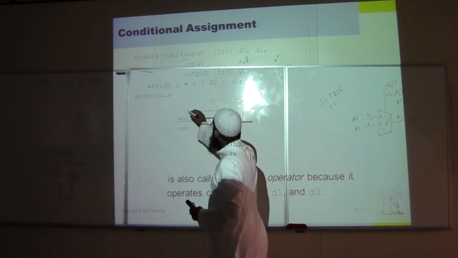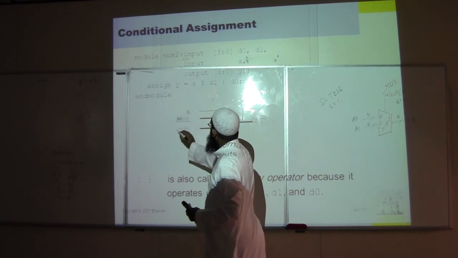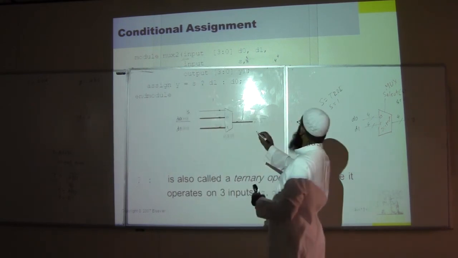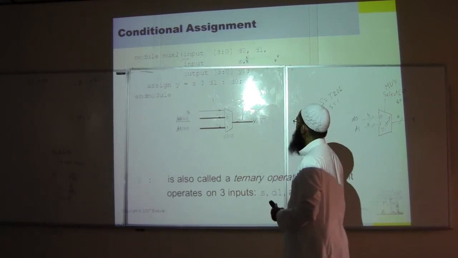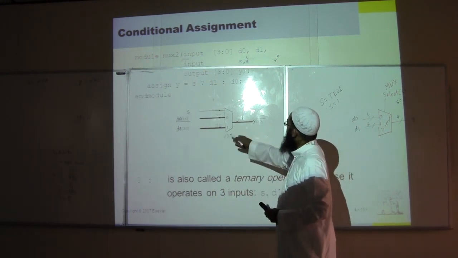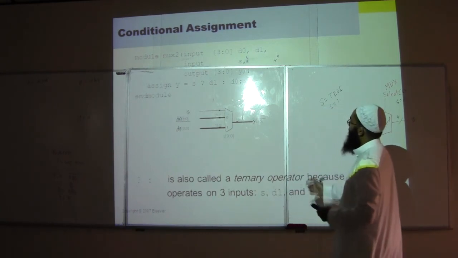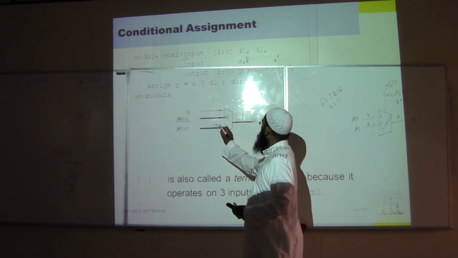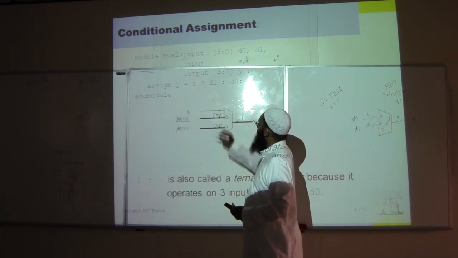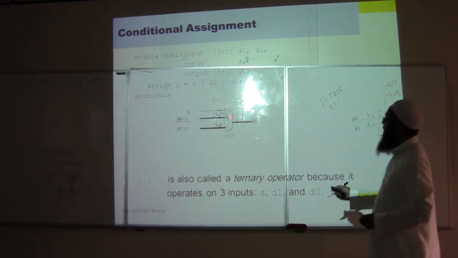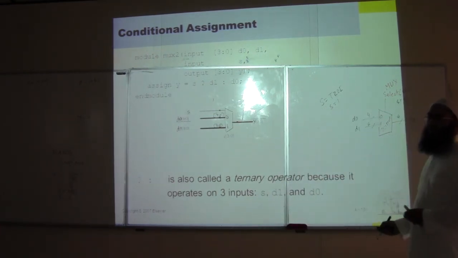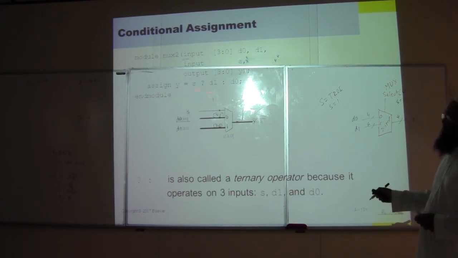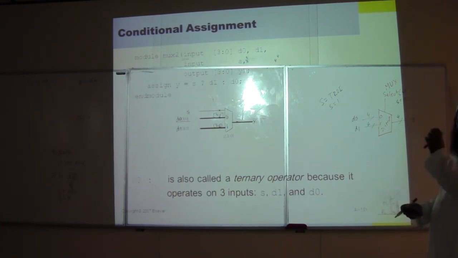This is S, this is D0, this is D1, and here you have Y. Just one line, you finish the mux. You made a mux. Okay, so it's called the ternary operator, same as C.